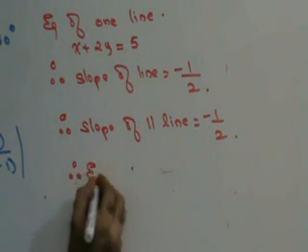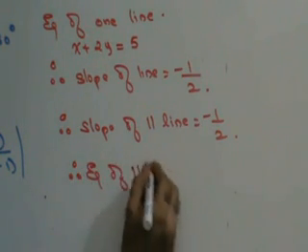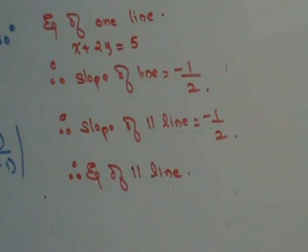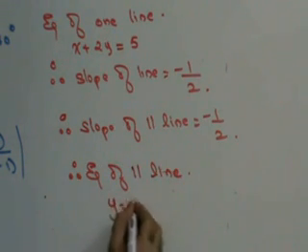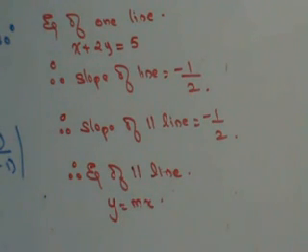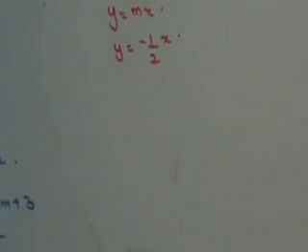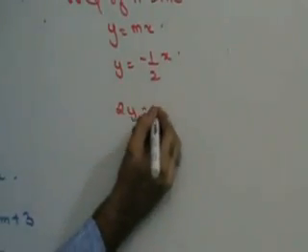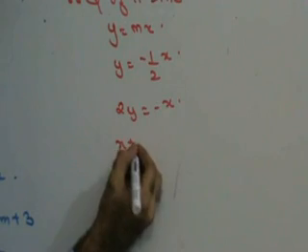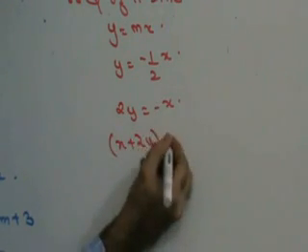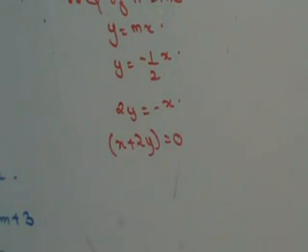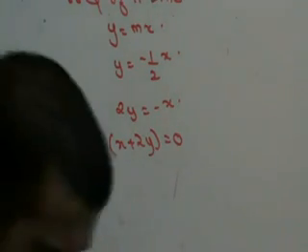Therefore, equation of parallel line. Since the parallel line passes through the origin, its equation will be y is equal to mx. So y is equal to minus 1 upon 2x, 2y is equal to minus x, x plus 2y is equal to 0. That will be the equation of the parallel line.